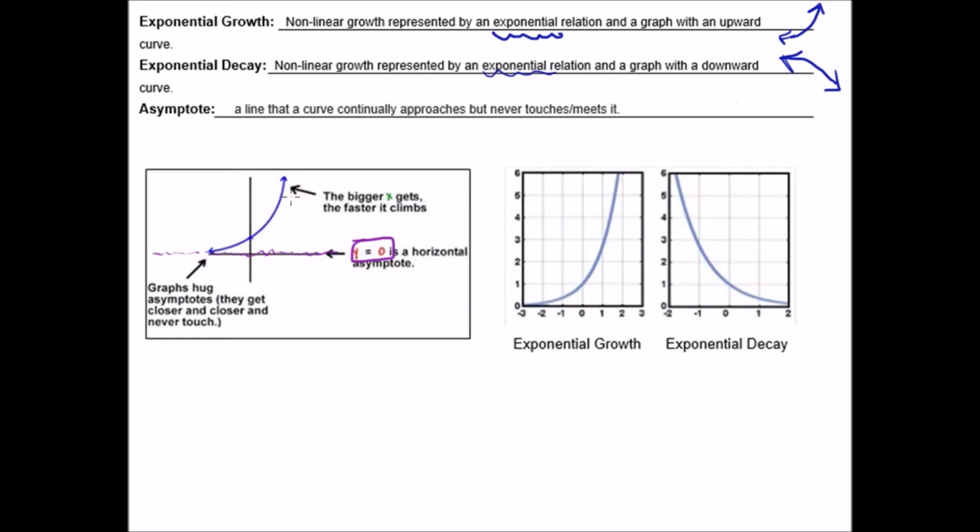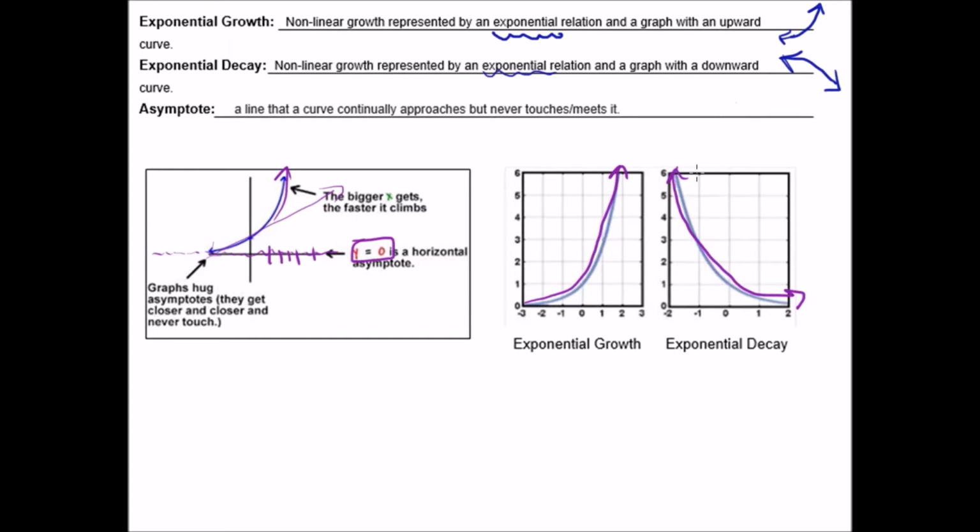The bigger x gets, the faster it climbs. So it's not linear, it's not climbing at the same rate. The bigger these x's get, the faster it increases. So exponential growth is going up, and exponential decay is coming down.